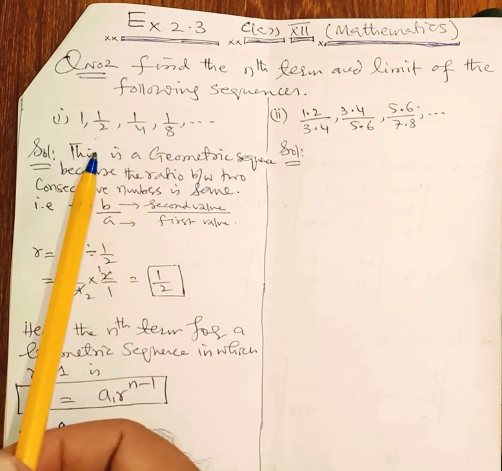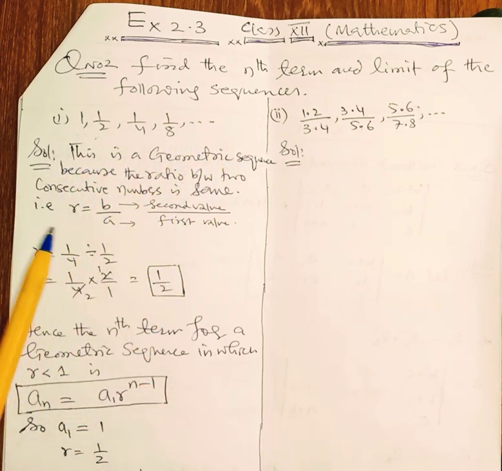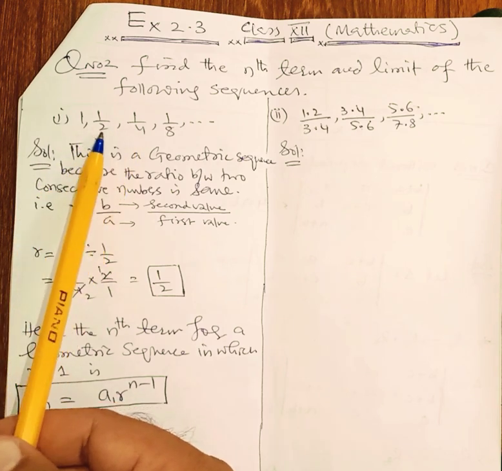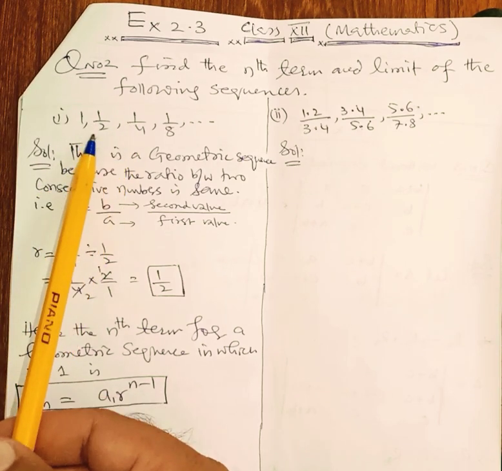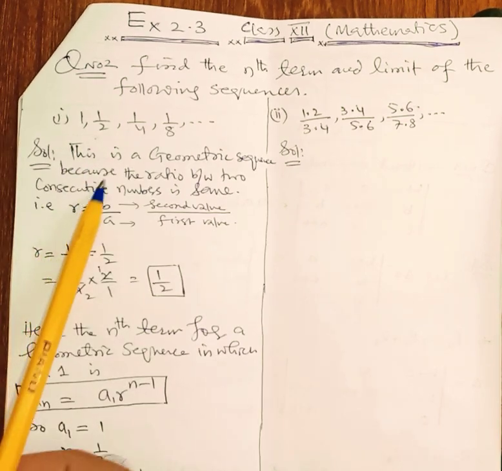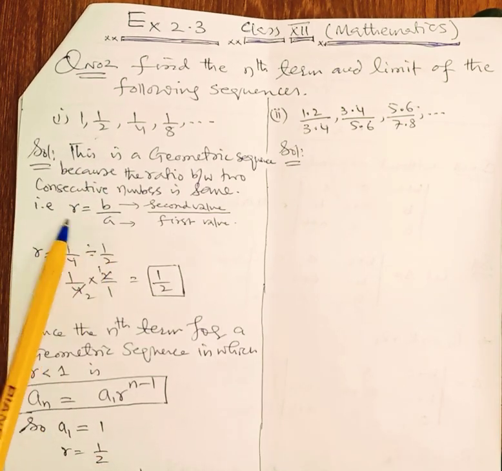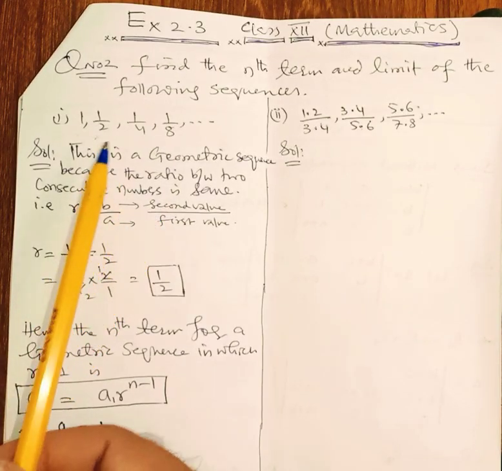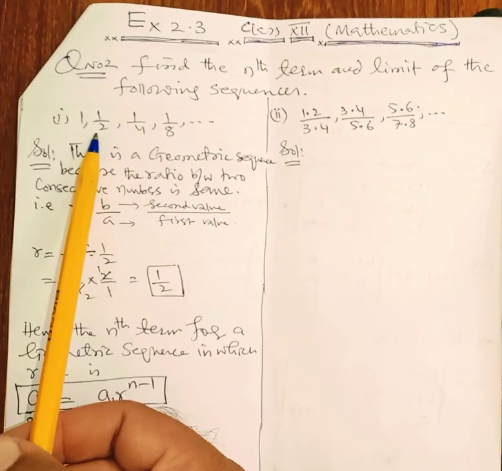So we will try for a geometric sequence, where we find the common ratio between two consecutive numbers. Here r is equal to b over a, where r stands for ratio, b is the second value, and a is the first value.